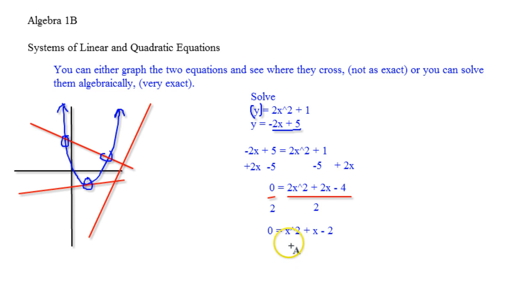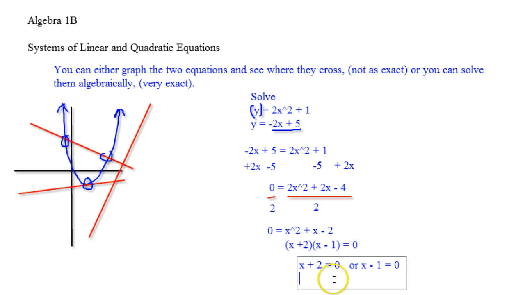Now, just factoring that alone, let me see. What two numbers multiply to negative 2 but add up to 1? I would say positive 2 and negative 1. And I just flip the 0 over to the other side. Now what I can do is plug in my answers. So x plus 2 equals 0, or x minus 1 equals 0.